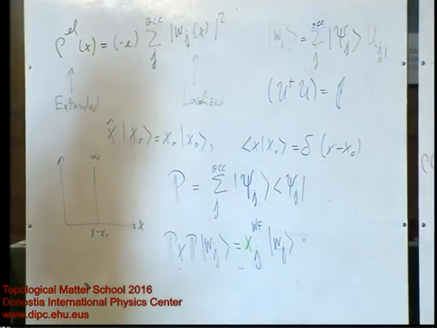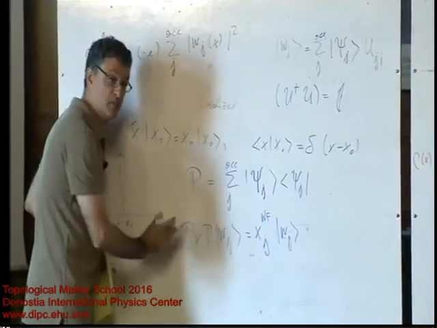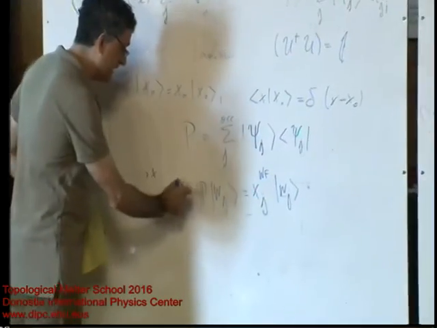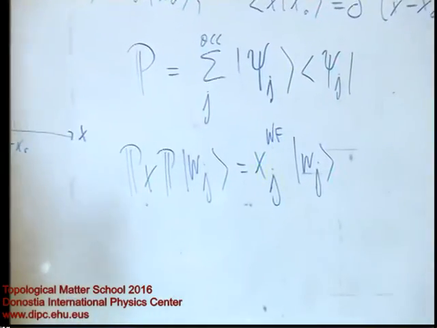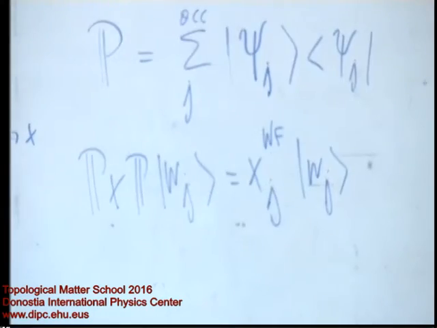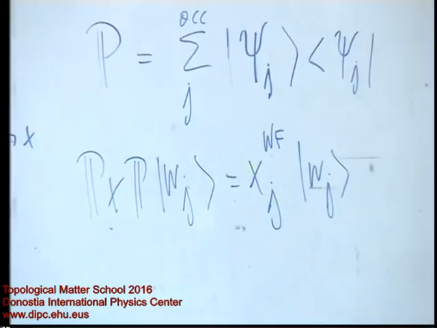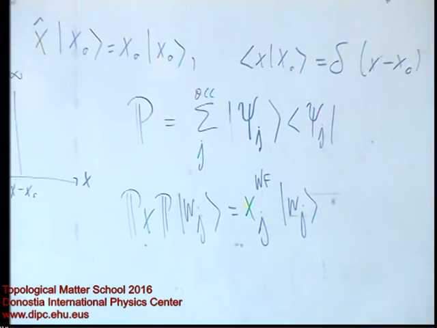Okay. So what I have here, I will call the projected position operator. So you have the X operator sandwiched between the projection operator. And that compound operator, PXP, is the operator that is replacing the Hamiltonian in my eigenvalue equation.